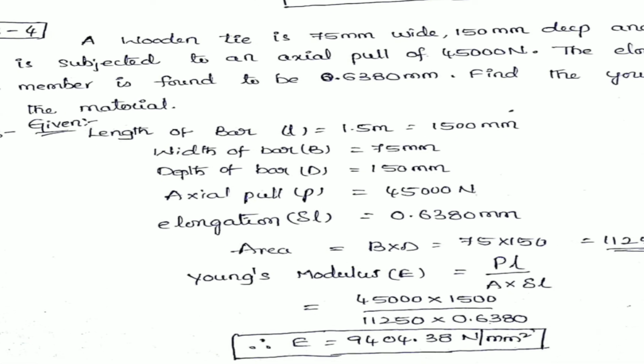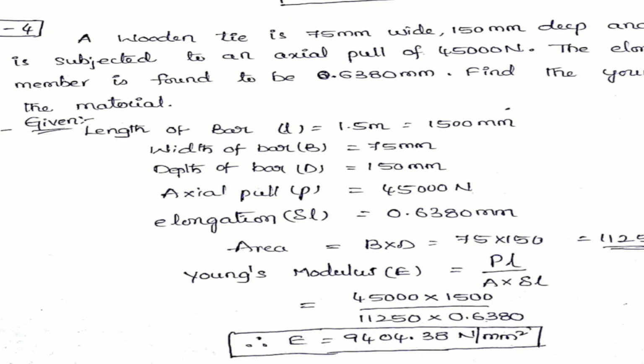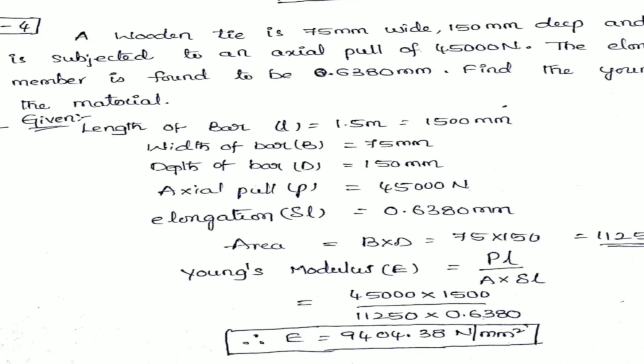Here in this problem, the given data: length of the bar L is 1.5 meters, converted into 1500 mm. Width of bar B is 75 mm. Depth of the bar D is 150 mm. Axial pull P is 45,000 newtons.